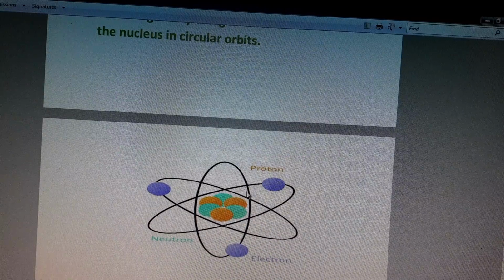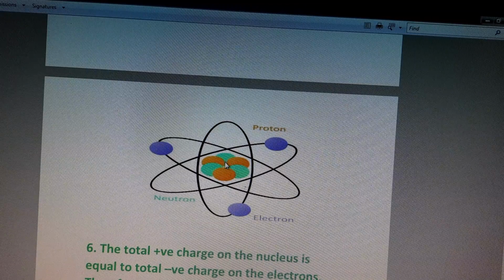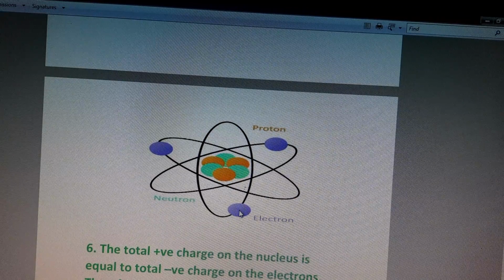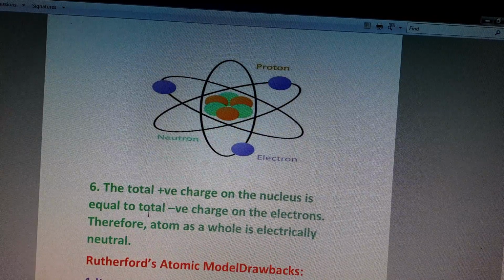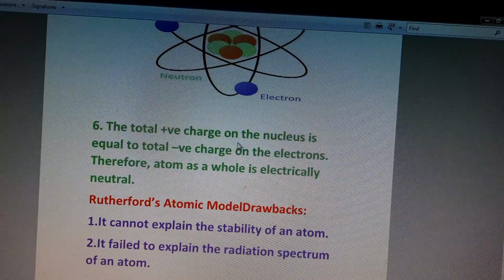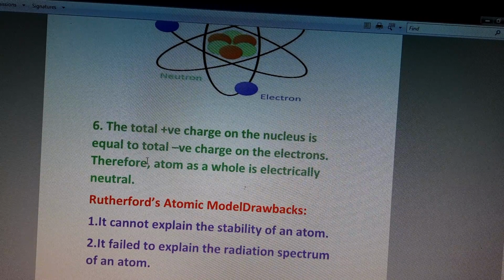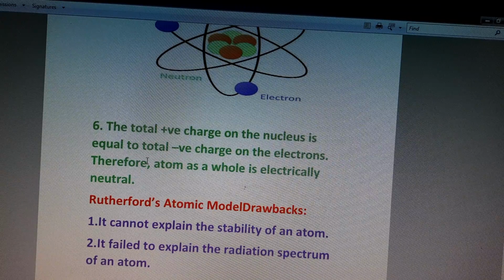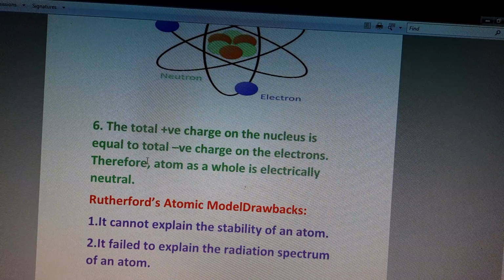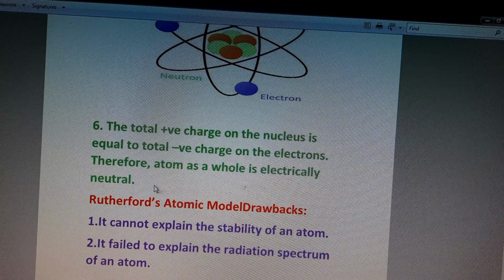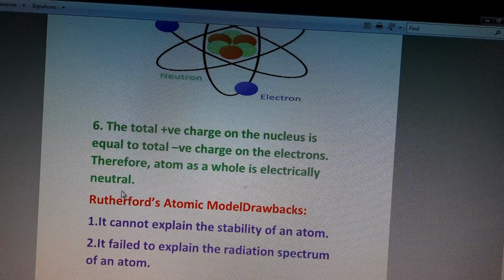In this diagram, this is the nucleus, which has protons and neutrons, and the electrons revolve around the nucleus. The last point is that the total positive charge on the nucleus is equal to the negative charge on the electrons. Therefore, the atom as a whole is electrically neutral.